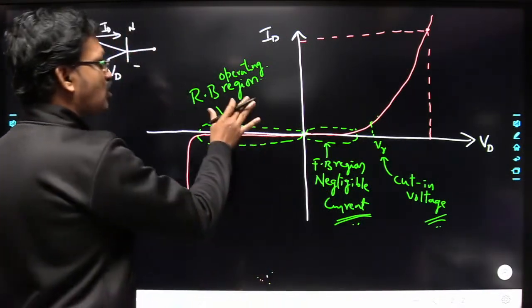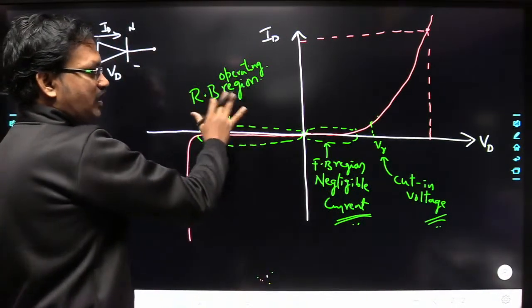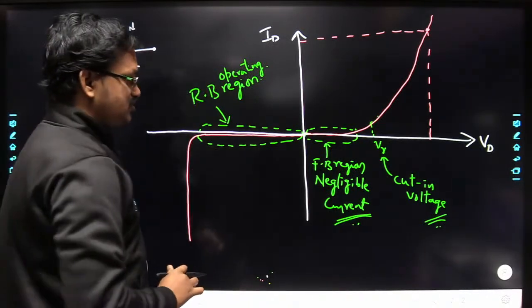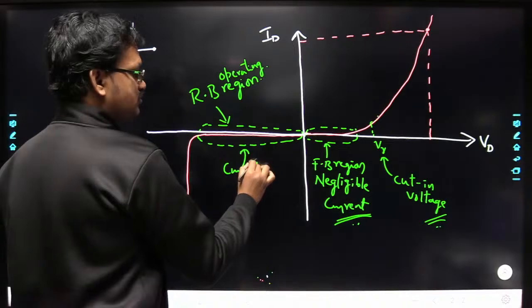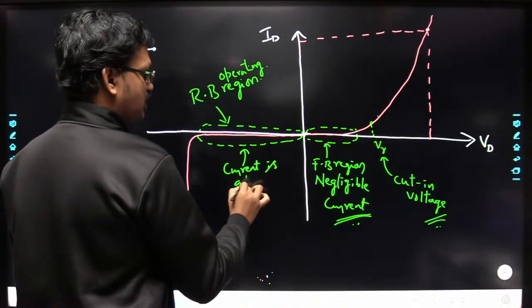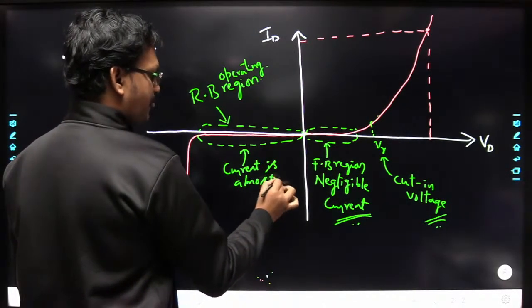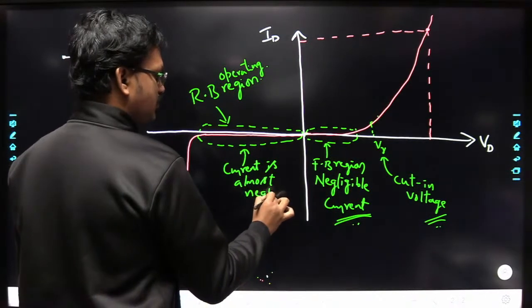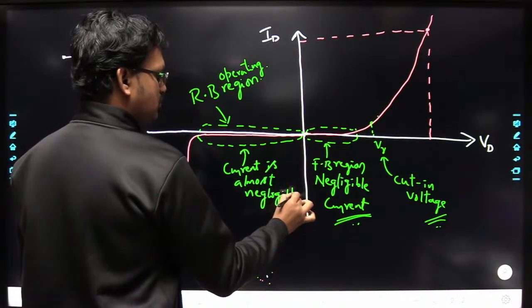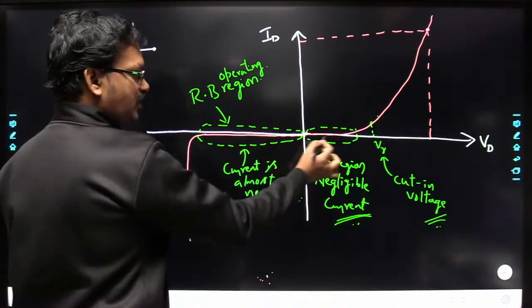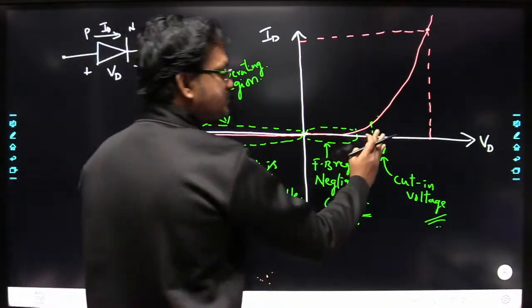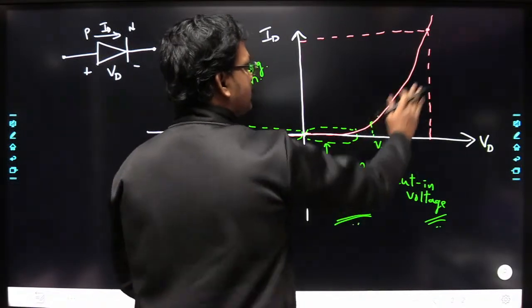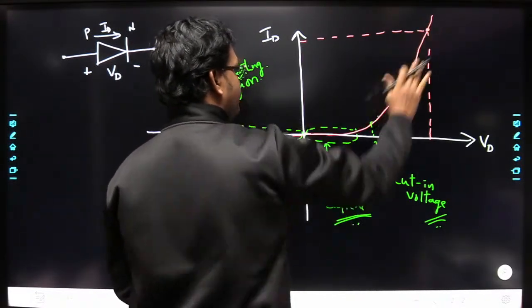And in the reverse bias region, the current is also almost negligible. So in this region and in this region, the current is almost negligible. Once you cross this cut-in voltage, the current has a significant value.